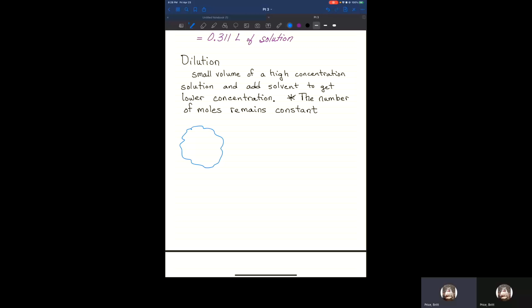Suppose I have a pond, and in my pond I have some fish, E-I-E-I-O. So I've got some fish in this pond. There's a certain concentration, correct? Please say yes.